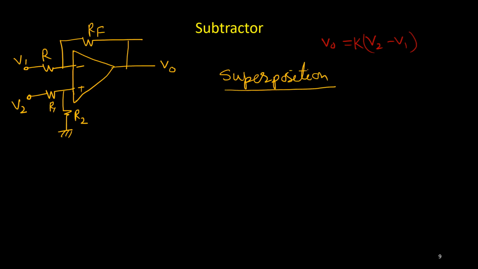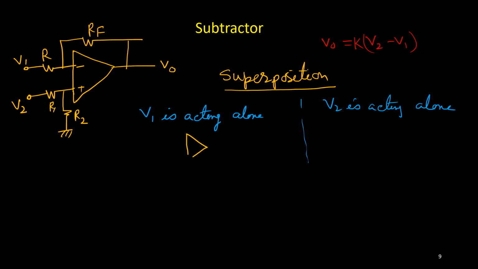We understand the inverting amplifier, we understand the non-inverting amplifier. By the superposition principle, we have to consider two cases: V1 acting alone, and second, V2 acting alone. So when V1 is acting alone, what is the circuit?